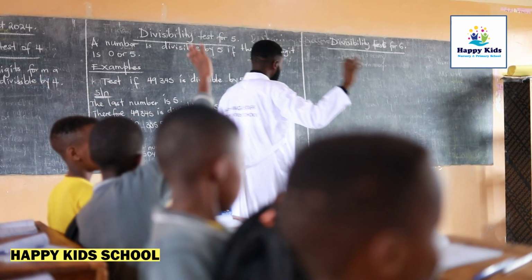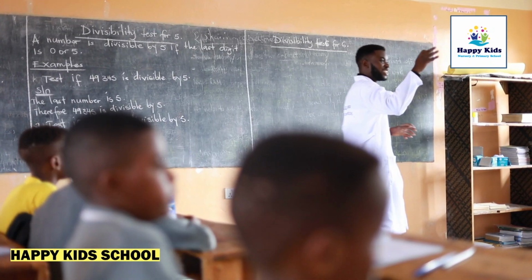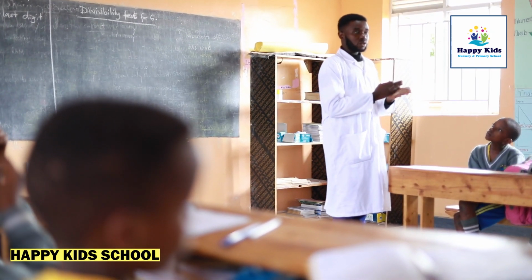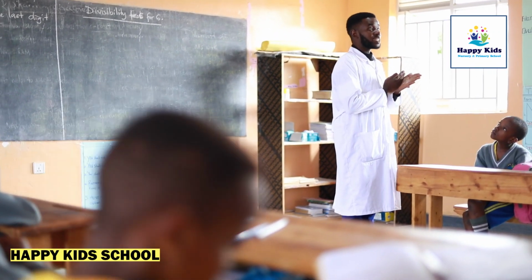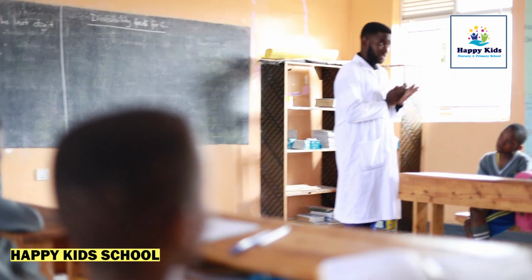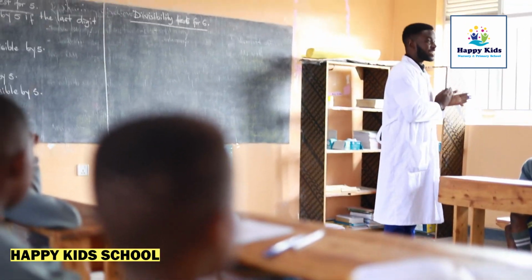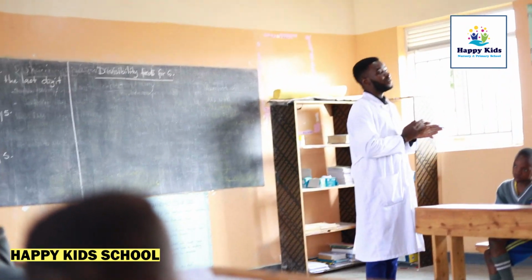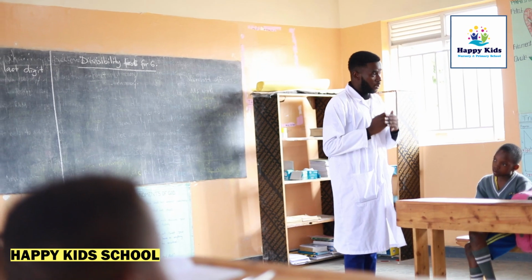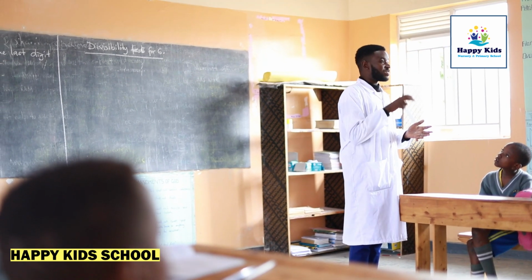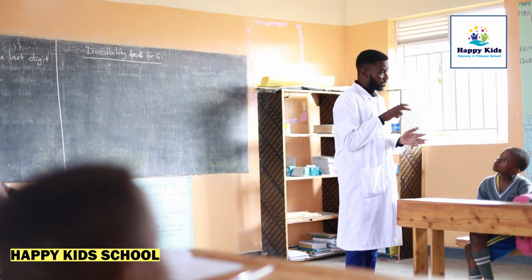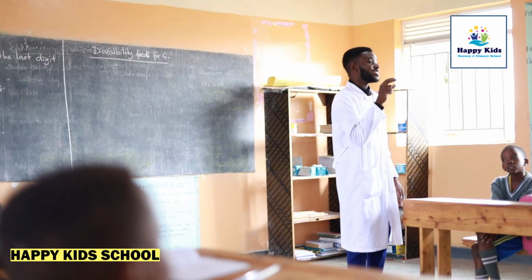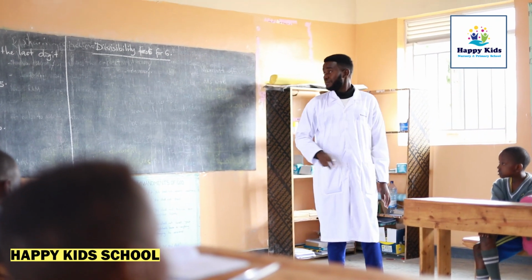Right, so let me help you. You have all mentioned what you wanted. First of all, to get 6, you need to take 3 times 2. So you first check the divisibility test for 2, then you check the divisibility test for 3. If the number fulfills the rules for divisibility by 2 and 3, it is divisible by 6.